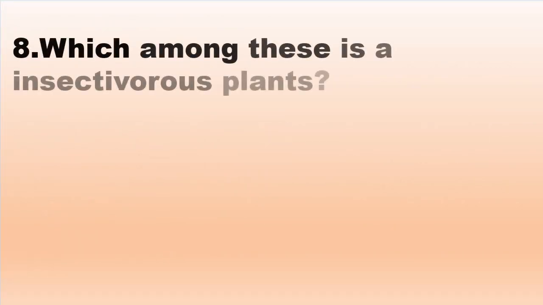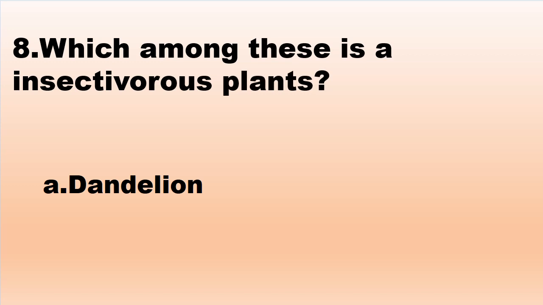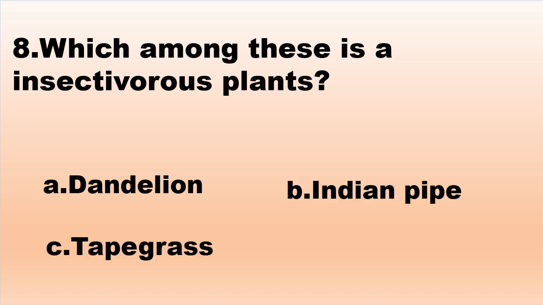Which among these is an insectivorous plant? Dandelion, Indian pipe, tape grass, Venus flytrap. Venus flytrap.